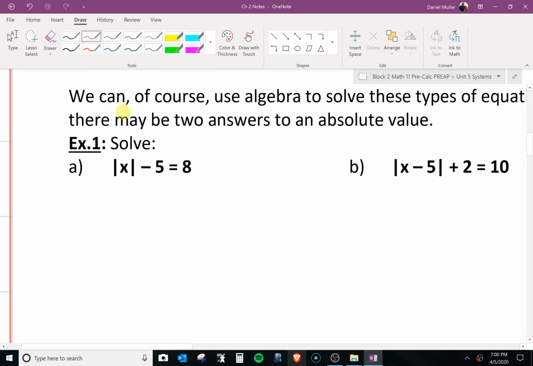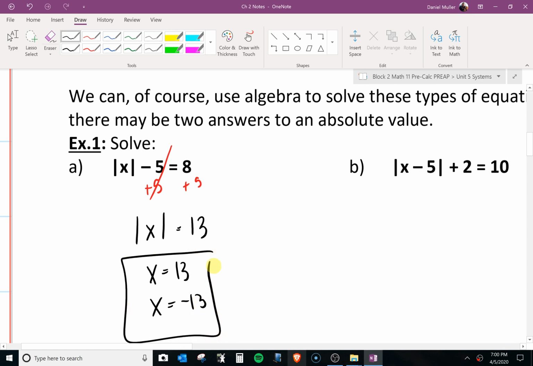Example 1, letter A. I'm going to add the 5 over. The absolute value of x is equal to 8 plus 5, which is 13. So this x could be 13, but it could also be -13. And that would be all there is to it.